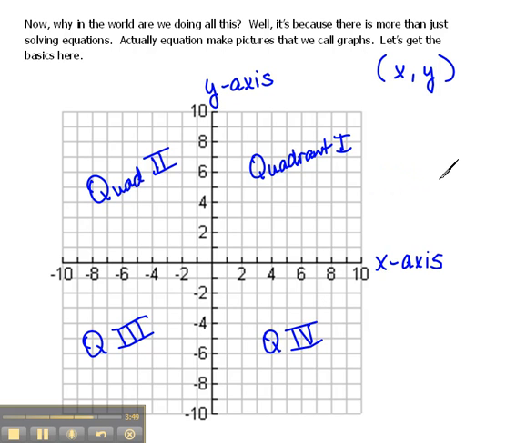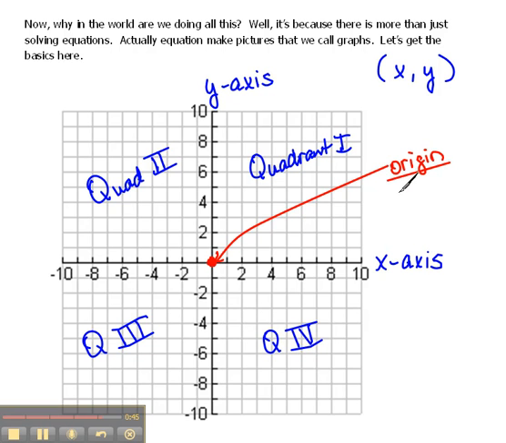All right. Another important feature of our x and y axis system is this point right here, dead center. That has a very special name. We call that the origin. The origin is like the place where we start. If you're going to tell somebody directions on how to get somewhere, you have to give them a starting point, right?